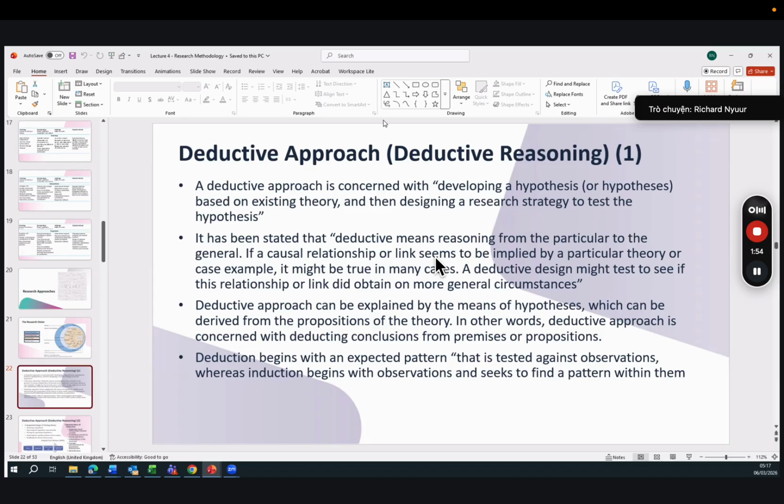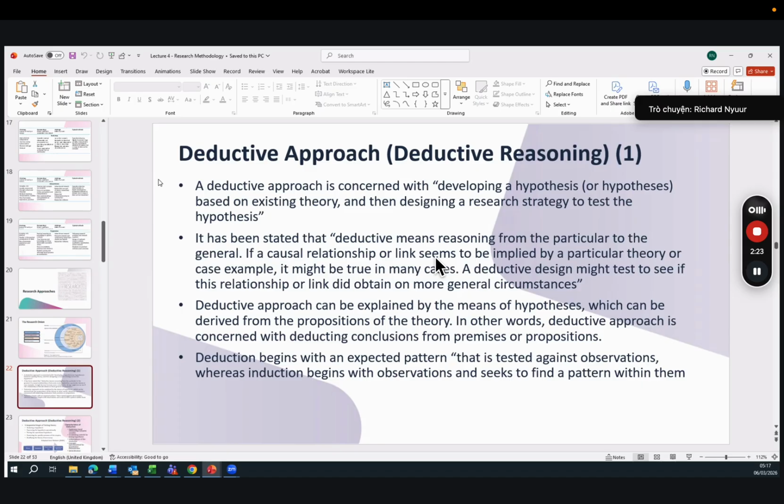So it has been stated that deductive means reasoning from the general to the particular. If a causal relationship or link seems to be implied by a particular theory or case example, it might be true in many cases. So a deductive design might test to see if this relationship or link did obtain in more general circumstances.